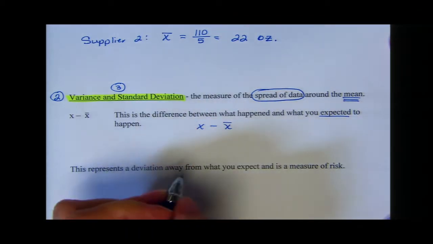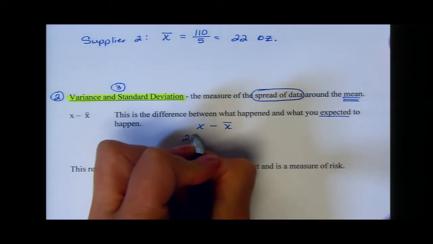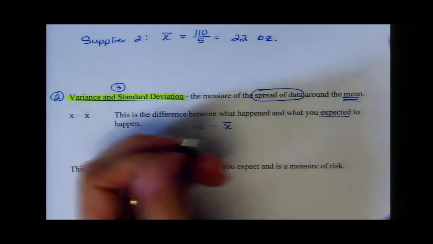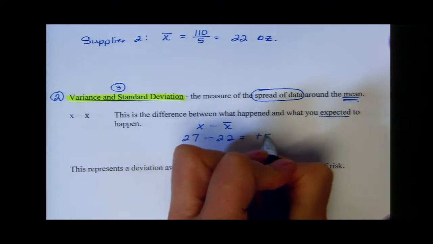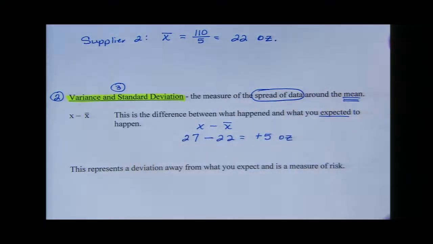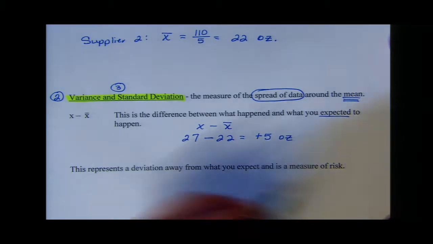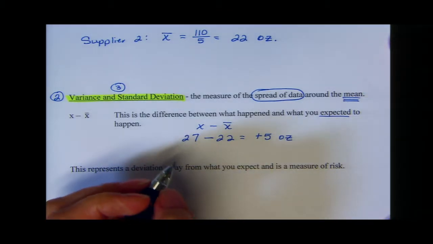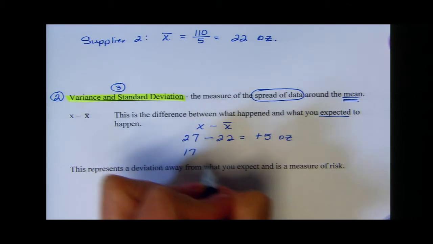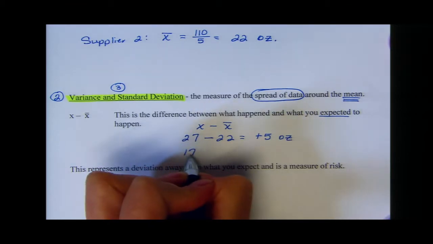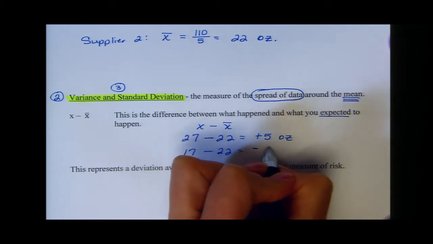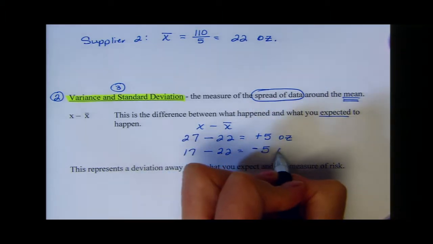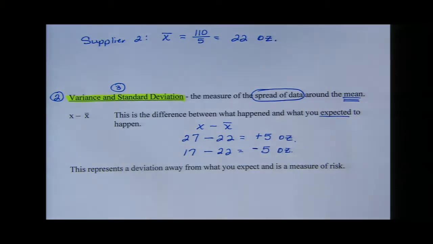Well, in reality, there was one time where they got a box that was 27 ounces, so they got an additional 5 ounces in that box. But there was also a time when the box came in, you expected 22 ounces, but you only got 17. So in that case, that box was down 5 ounces from what you expected.